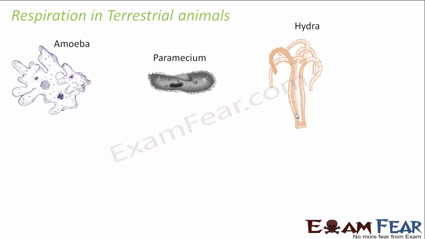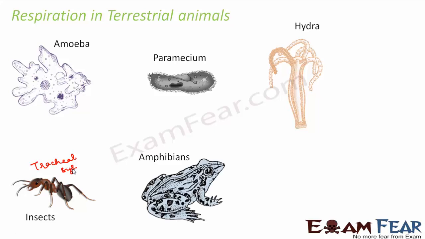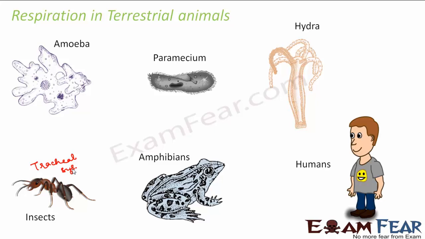Whereas some other organisms like insects have a tracheal system. What is tracheal system? It is basically a system of tubes. Some air tubes are present inside the body through which the respiration takes place. In case of amphibians, they have lungs as well as their skin. Their skin acts as a medium for diffusion of gases. In case of human beings, we have lungs.